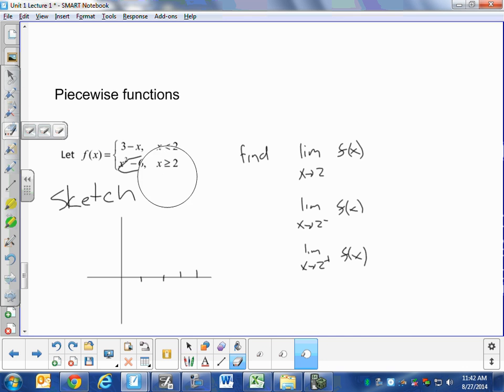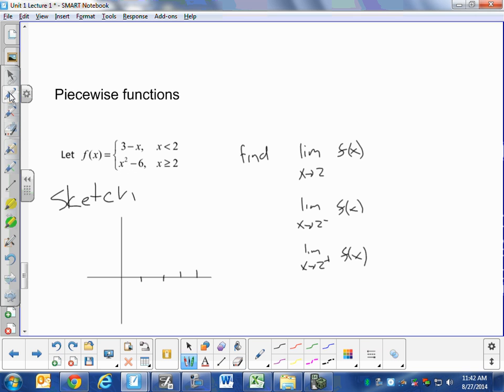So I'm not going to use the bottom piece, the top one. And what is going to be my output when my input is 0? When my x is 0, what is my y, or my function value? So, yep, 3 minus 0, which is 3.